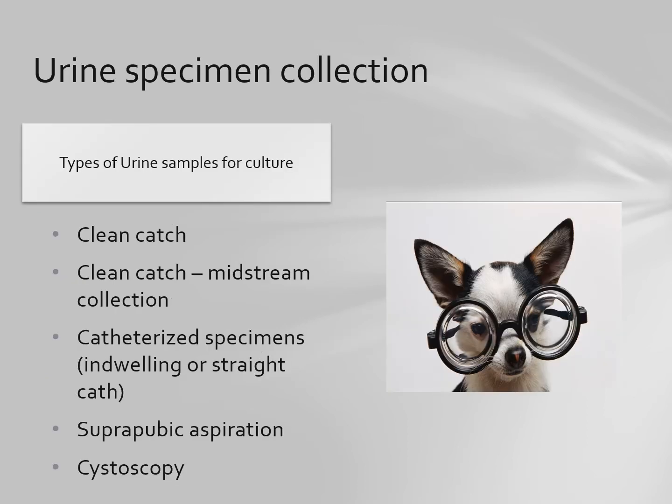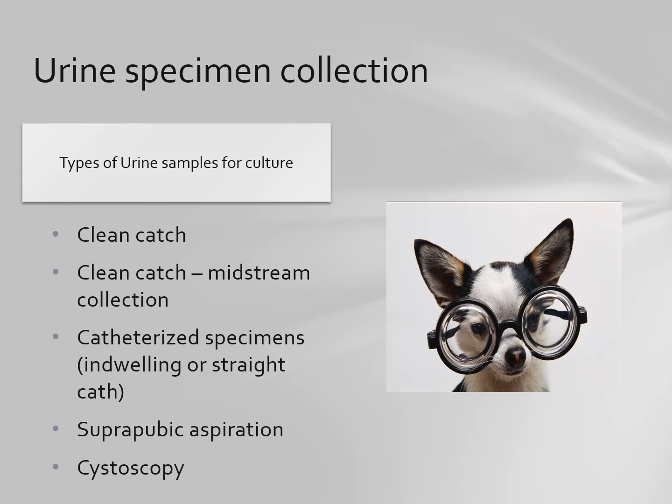There are a number of urine specimens that can be collected for a urine culture. Okay, so there are many types of specimens that can be collected. One such type is called clean catch. Another type is called clean catch midstream. Another type is a catheterized specimen, and that comes in two different types.